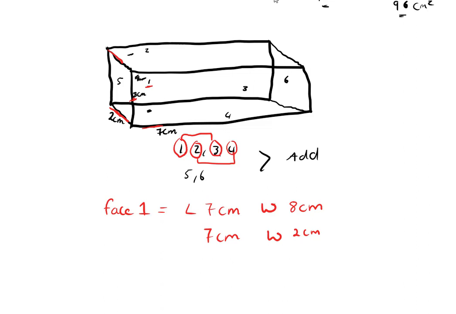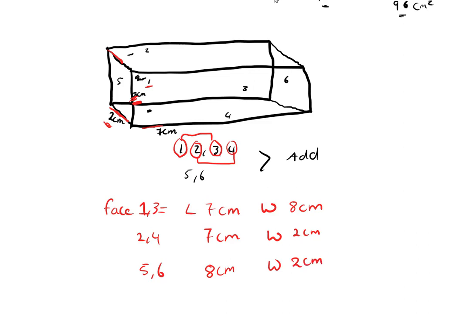So face 5 is going to have a length of 8 centimeters. That's face 1, face 3, face 2 and face 4, and here's face 5 and face 6. And we said its length is going to be 8 centimeters. Its width then is here, which is going to be 2 centimeters.